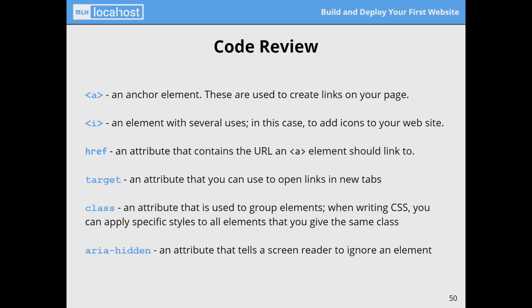Target is also an attribute that you can use to open links in a new tab. Class is an attribute that is used to group elements. When writing CSS, you can apply specific styles to all elements that you give the same class. And aria-hidden is another attribute that tells a screen reader to ignore an element.